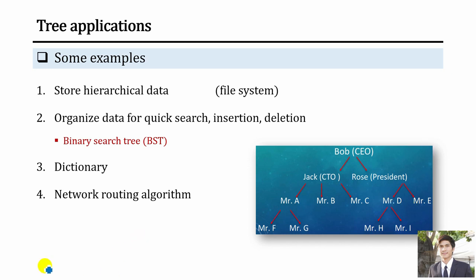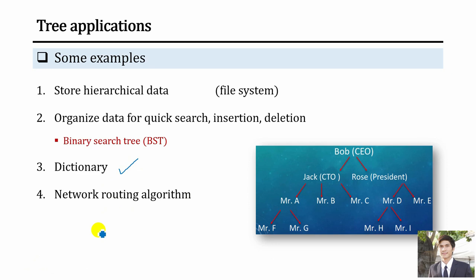And we have a dictionary; we can apply a tree to our dictionary to search our data very fast. Another is the network routing algorithm, in which we decide how to route based on the shortest path first or longest path first, depending on our requirement.